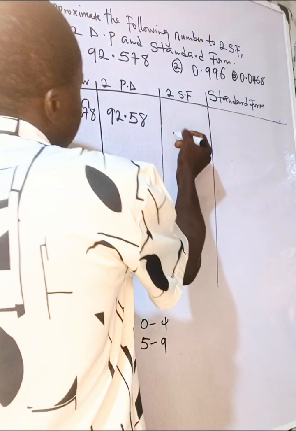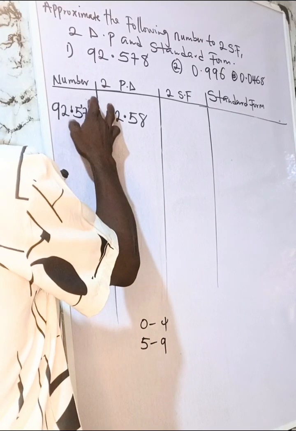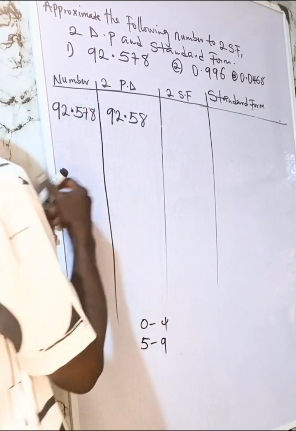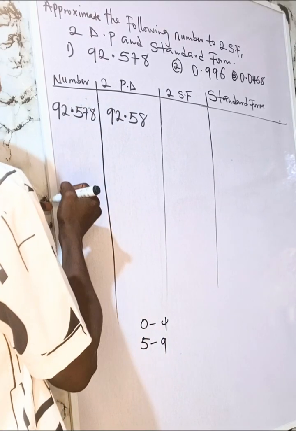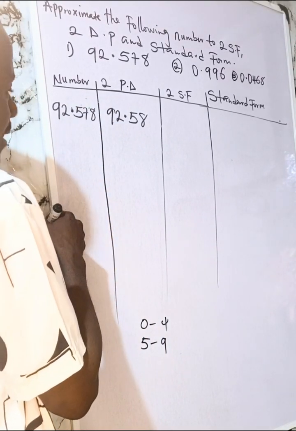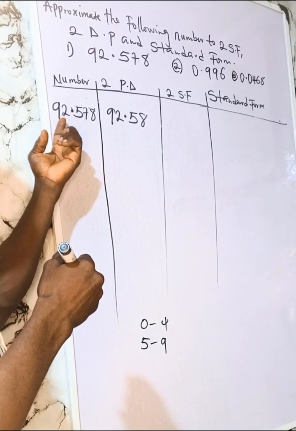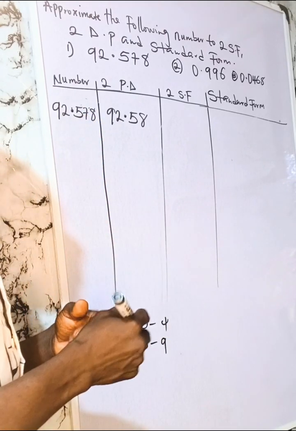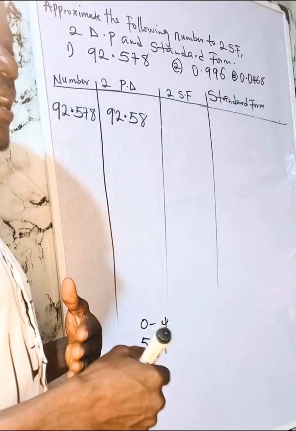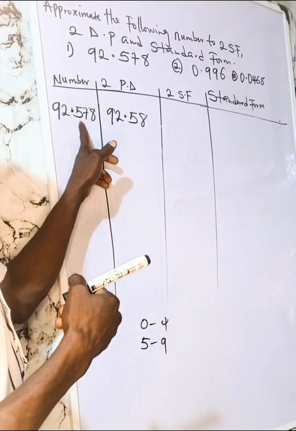Now for significant figure. For significant figure, these two digits that appear before the decimal point are significant. Remember, for significant figures, where your attention will go is the numbers that appeared before the decimal point. If they are insignificant, you now proceed from in front of the decimal point.